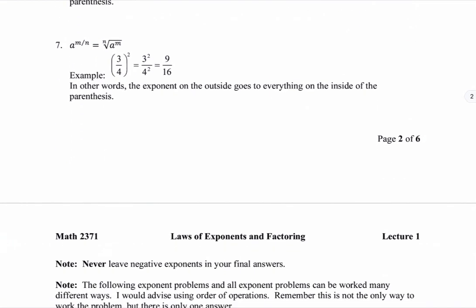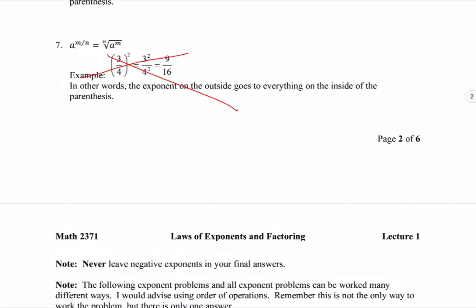Now, let's talk a little bit about, this is the wrong example. Whoops. Okay, let's get a little bit here for number 7.